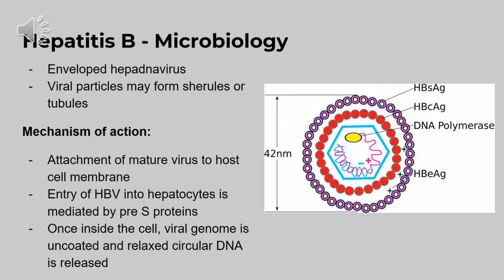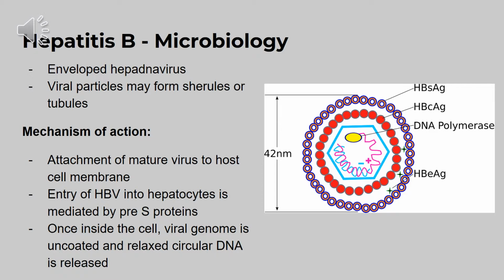We will now begin discussing the hepatitis B virus. So the Hep B virus is an enveloped hepadnavirus, and its viral particles can form either spherules or tubules. This picture depicts the structure of the Hep B virus, so I wanted to include it because it does a pretty good job of showing its size as well as its components.